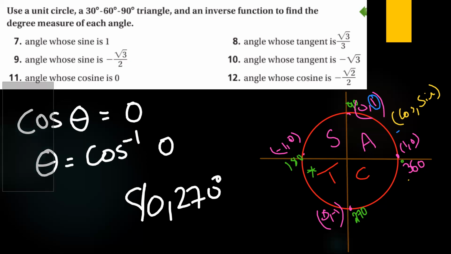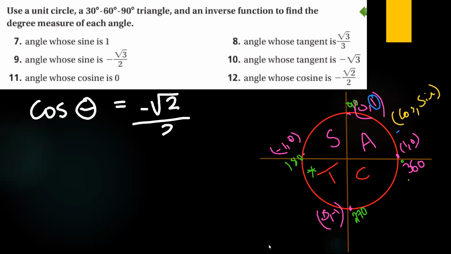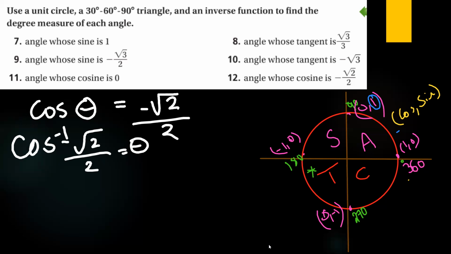Now, number 12. Cosine of theta is negative square root of 2 over 2. Now, I need here to find the angle.